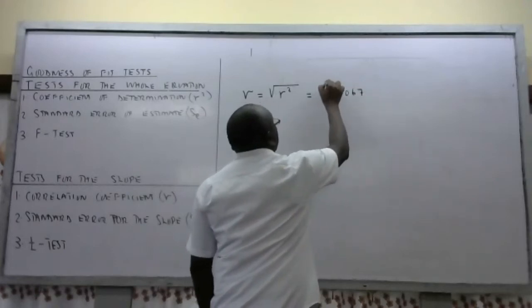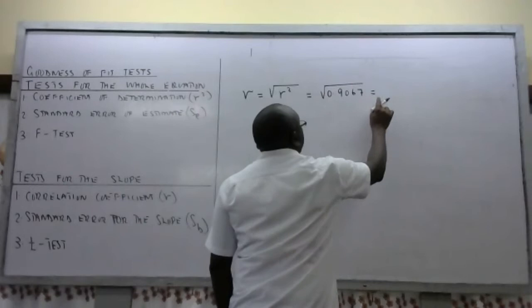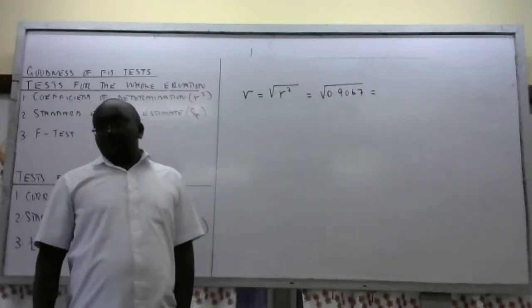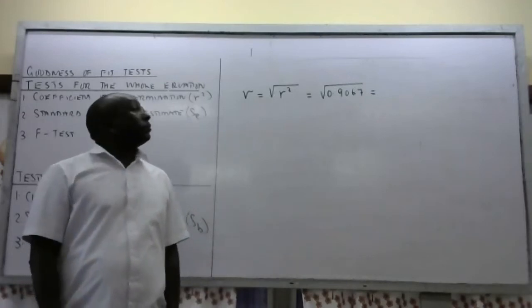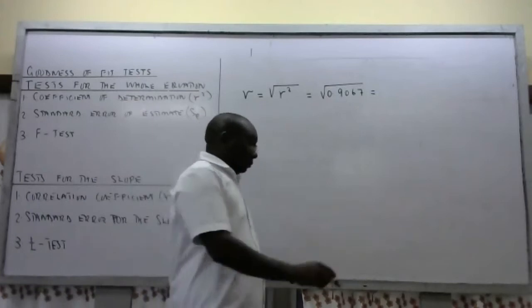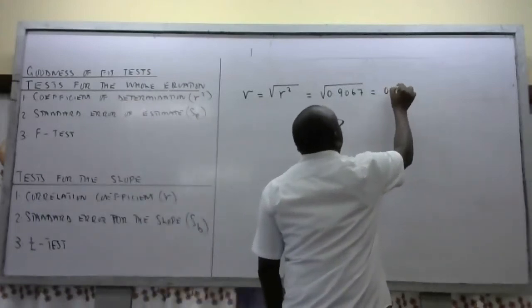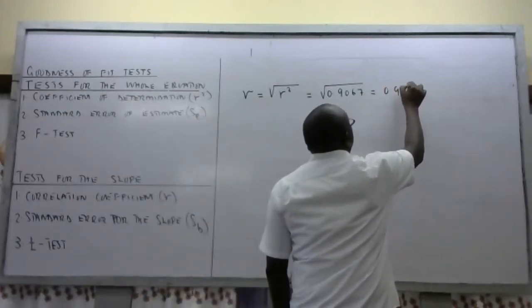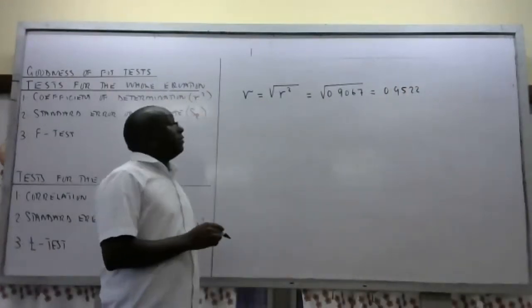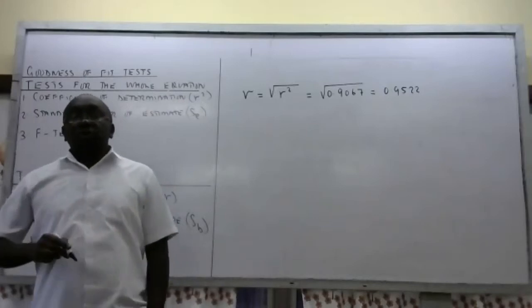So get the square root of this and give me the value. The square root is 0.9522.